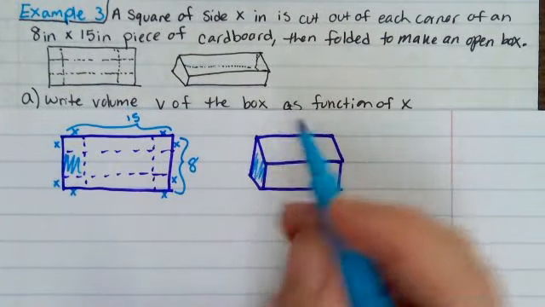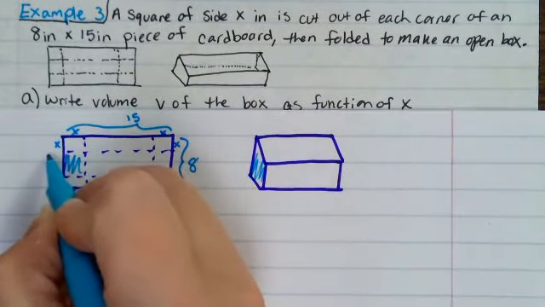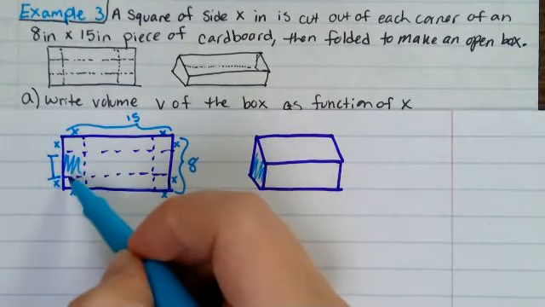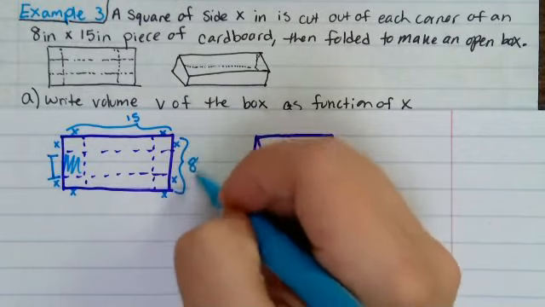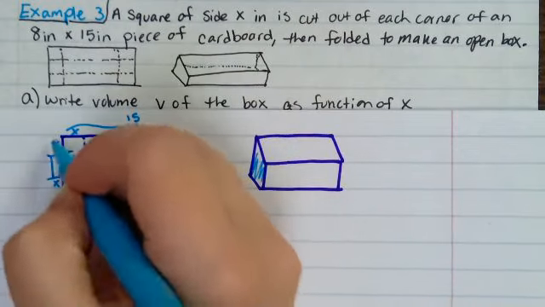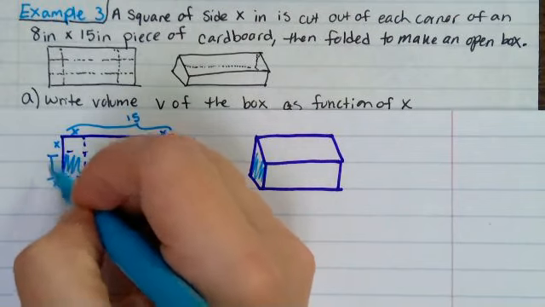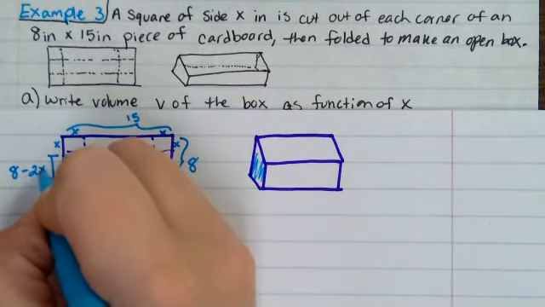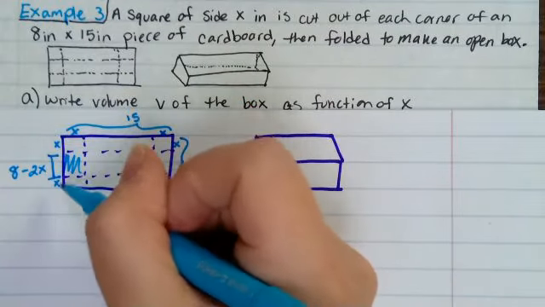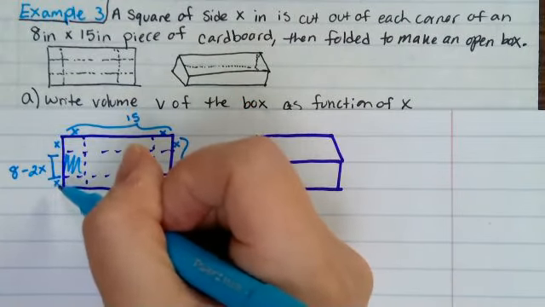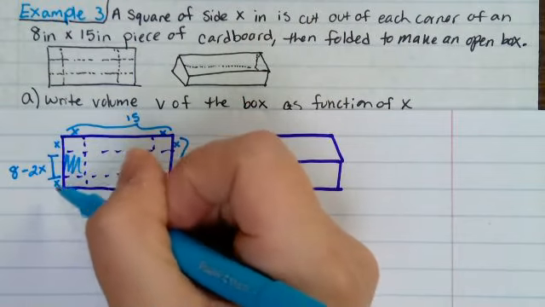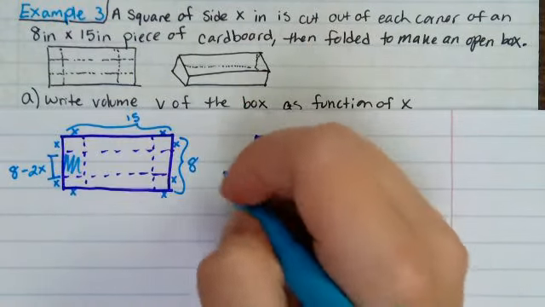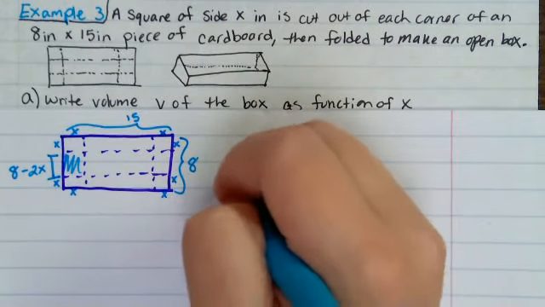So how can we come up with an expression to talk about this length in here? The best way is if I know the whole thing is 8, right? This whole side is 8, and we have x and x. This piece would be 8 minus 2x, right? x plus x is 2x. If I take the whole thing 8 and subtract off that 2x, that would give me what's left, and that is the width of my little box right here.